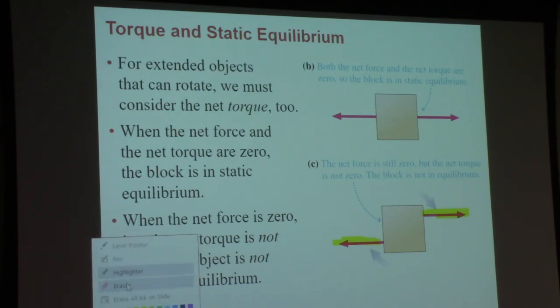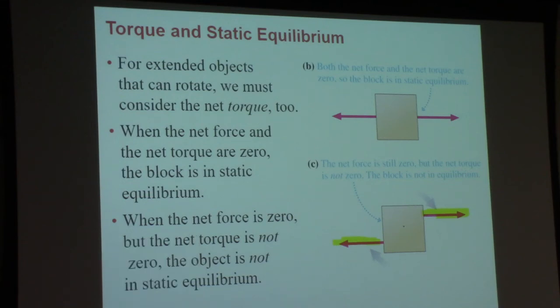If you put a little pivot point right here, this thing's going to rotate. Even though the forces are balanced, it has a net torque. This one is not going to move, and it's not going to rotate. So both of those conditions are satisfied: no net torque, no net force. The second one has no net force, but there is a net torque, and it would rotate this direction.